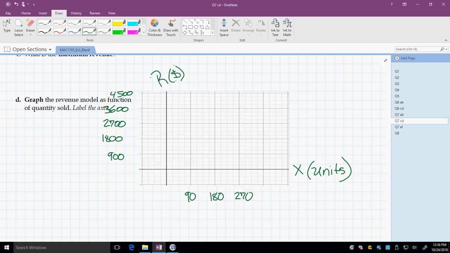Our vertex here is 90, 2700. So 90, 2700 is going to be about here. And then the x and y intercept is the origin, 0, 0. And our other x-intercept is 180, 0. So we graph that. More or less it's going to be here.